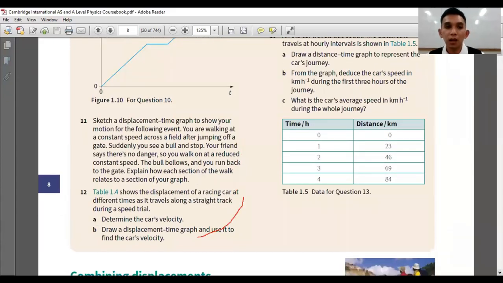Number 12, table 1.4 shows the displacement of a racing car at different times as it travels along a straight track during a speed trial. Determine the car's velocity and also draw a displacement time graph and use it to find the car's velocity.